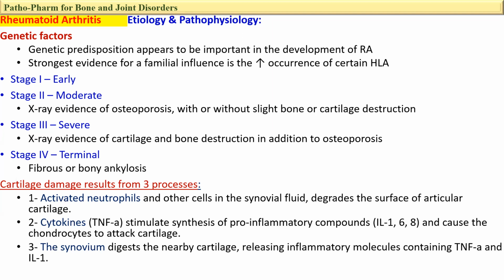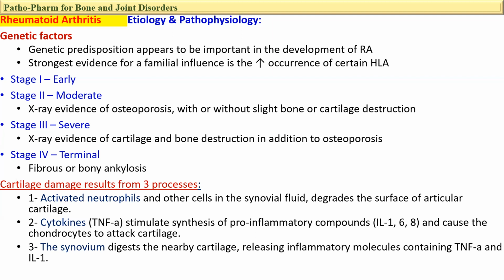In moderate rheumatoid arthritis, the X-ray evidence of osteoporosis is present, with or without some bone or cartilage destruction, but there are no joint deformities. Some muscle atrophy is present.